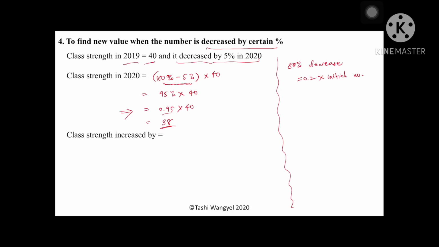For a 30% decrease, 100 minus 30 is 70, so the new number is 0.7 into the initial number. You can directly pick up the multiplier instead of going step by step.